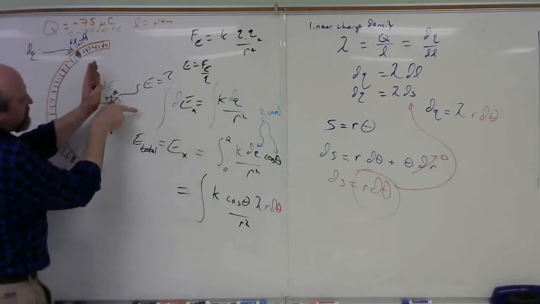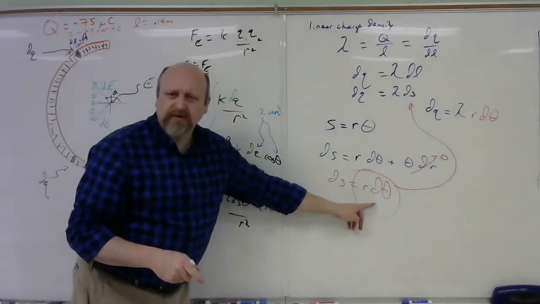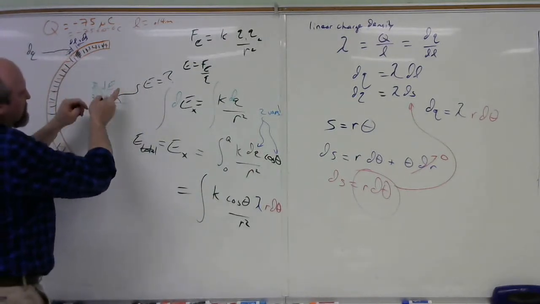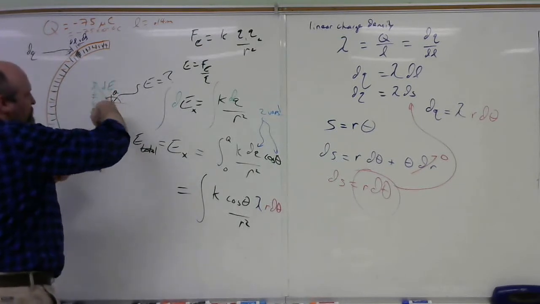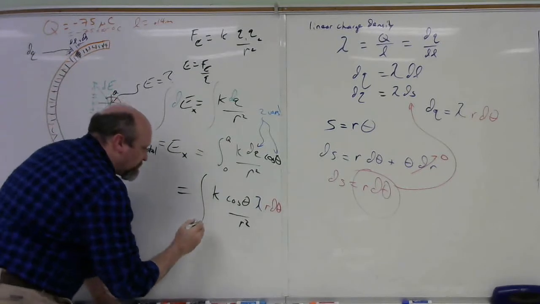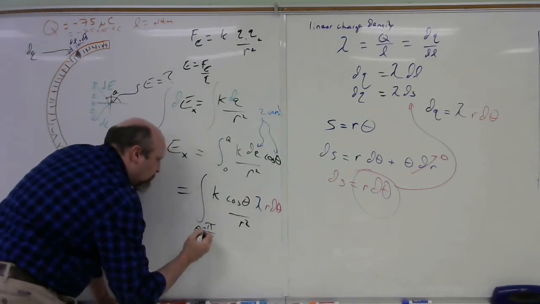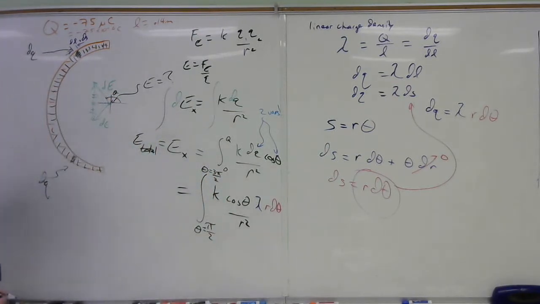Do you want to use radians? Well, we're supposed to use radians when we use this, aren't we? So this is going to be from pi over 2 to pointing down. It's going to be swinging from here, sweeping through there, from pi over 2 to 3 pi over 2. So from theta is pi over 2 to theta is 3 pi over 2. Those are my bounds.